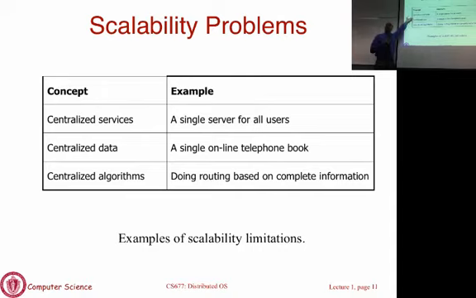You may have a centralized service, which means there's a single server for all of the users of that service. You may have centralized data, which means all of the data that your application uses is on one system. Or you can have centralized algorithms, which means that your algorithm itself is centralized and running on one machine. So you can have any of these combinations or some subset of those combinations.